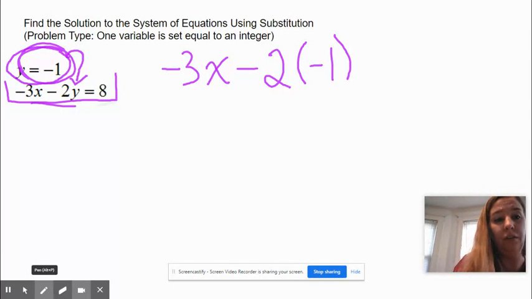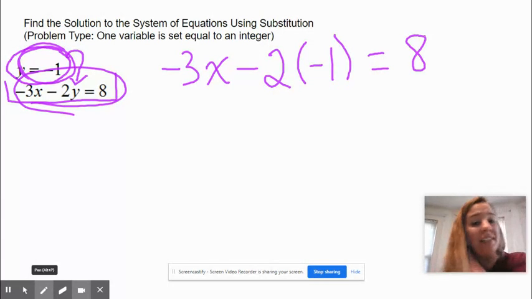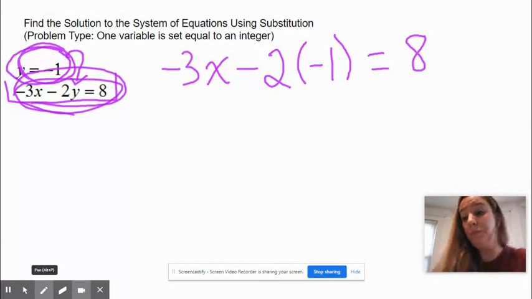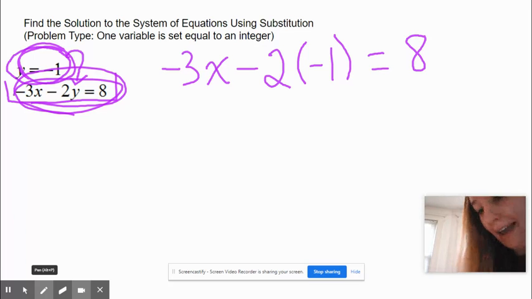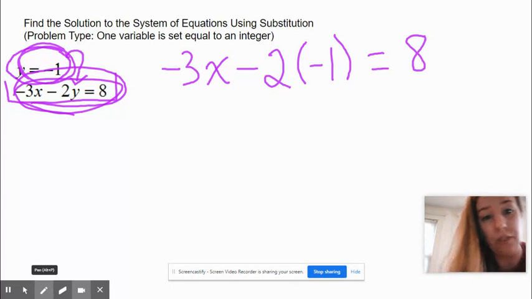And I'm going to continue finishing out this equation. So it equals 8, right? So again, it's the same. I just rewrote this bottom equation, but instead of writing negative 2 times y, I'm going to say times negative 1 because I know that's what y is equal to. And now I just use algebra to solve for x.